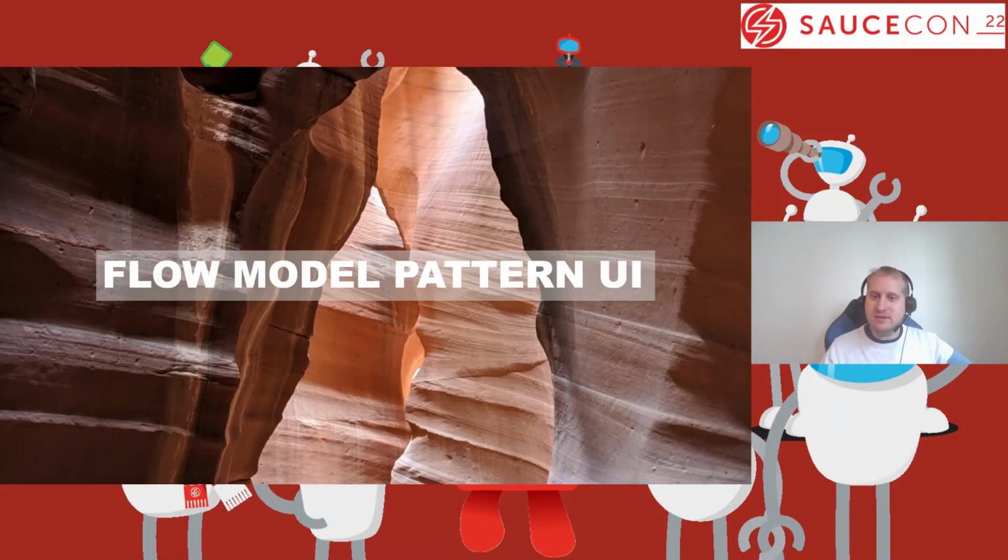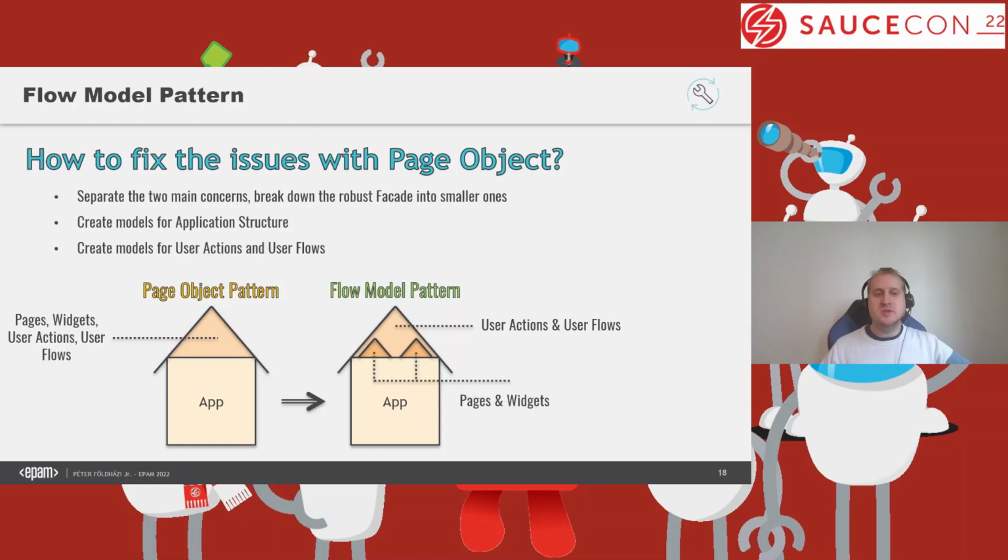So it's about time I talk about the main topic, the flow model pattern. You can see two houses on this slide. The one on the left side is represented in the page object pattern. There you have a facet that includes all the pages, widgets, user actions, and user flows, so the locators and elements of these pages and widgets.